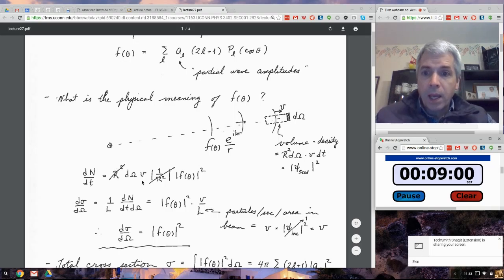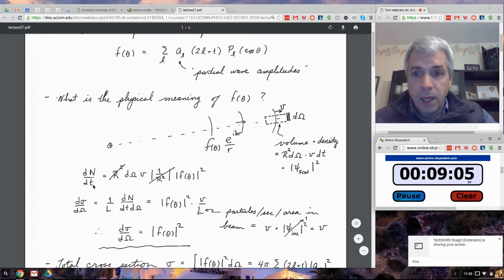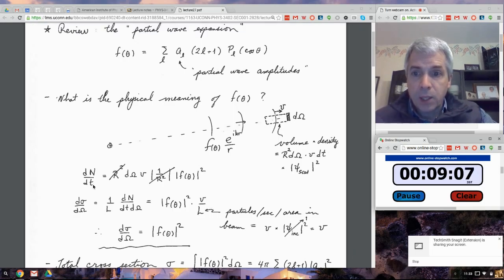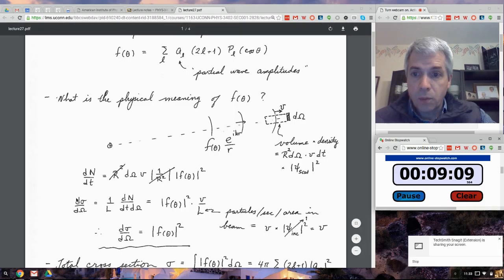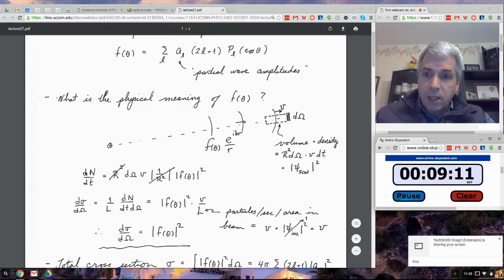Furthermore, if instead of just doing detector count rate, I back off and say, maybe I can express things in terms of this cross-section we introduced before. That's dn dt times 1 over the luminosity.